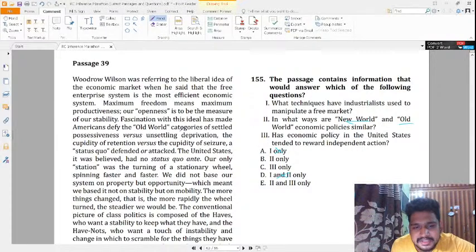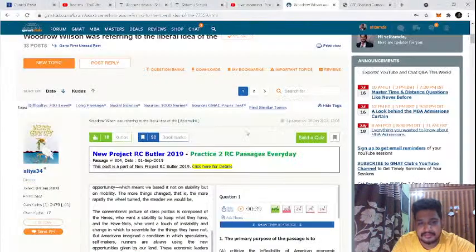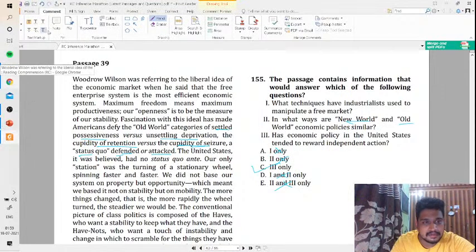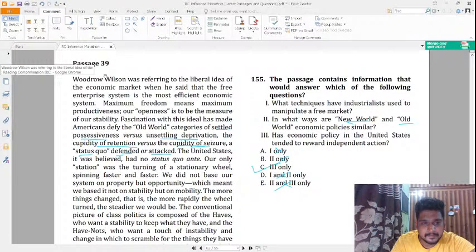We always talked about the differences: settled possessiveness versus property versus opportunity, the cupidity of retention versus the cupidity of seizure, power, the status quo was defended or attacked. Okay. So the second option is also gone. Finally, we are left with 3. We can just ignore this 3, and this has to be the correct answer. I'm sure there's a mistake in GMAT Club. I need to check the answer somewhere else.